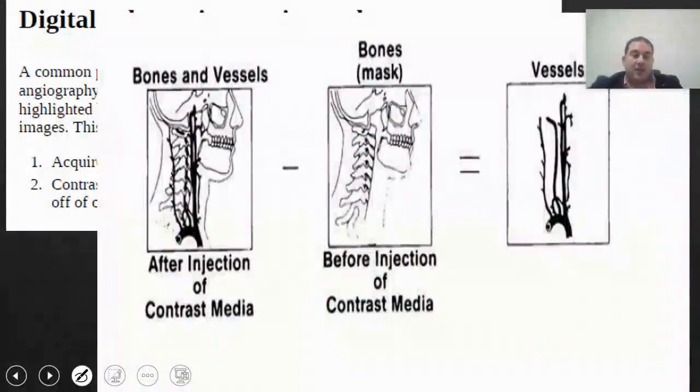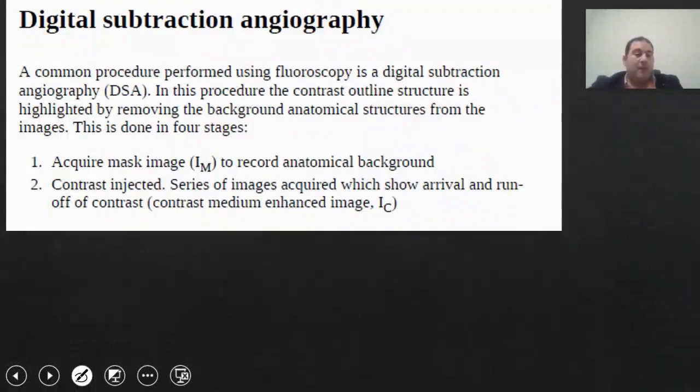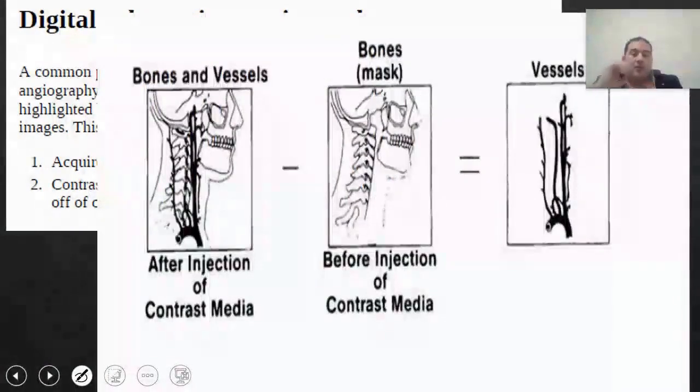Now, digital subtraction angiography is one of the techniques available and is used in interventional radiology. For example, in cases like cerebral angiography, carotid angiography, or orthography, consider any case where a dye is used and you want to see the arteries clearly and enhanced.